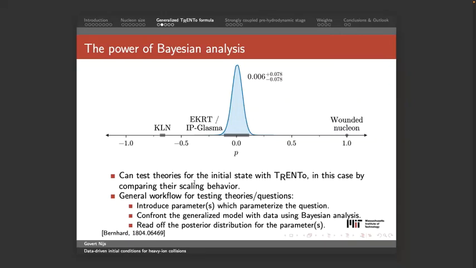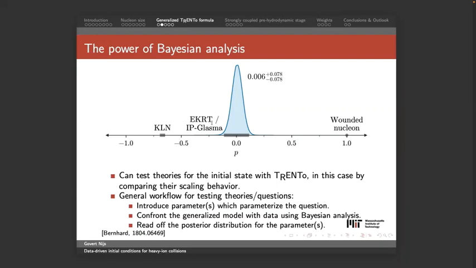And so what I really always like about Bayesian analysis is that you can use this to test microscopic models, not directly, of course, because it doesn't correspond one-to-one with these microscopic models.